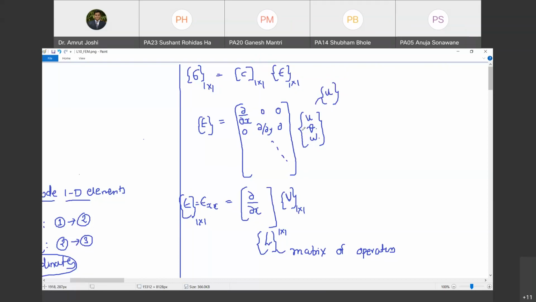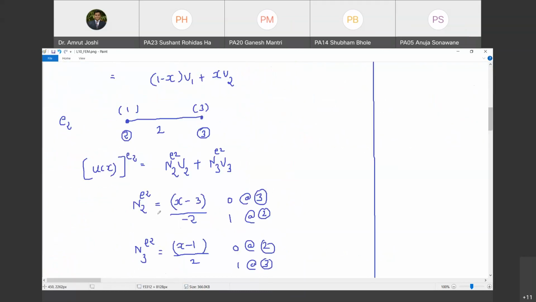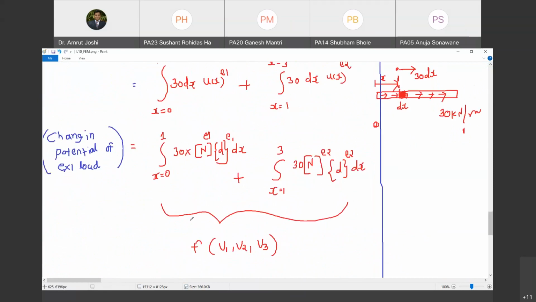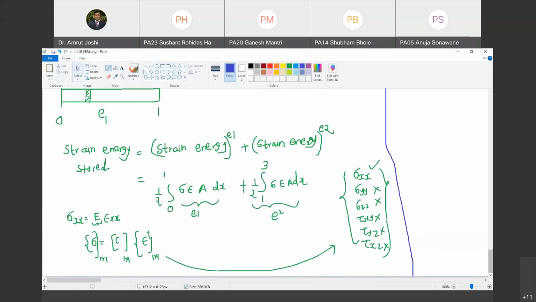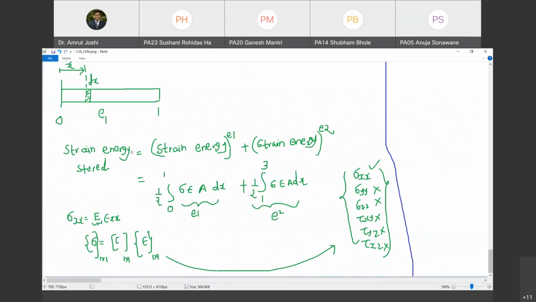So now what we are going to do is back substitute all these things in this expression for strain energy. So let me take the expression for strain energy. One minute.